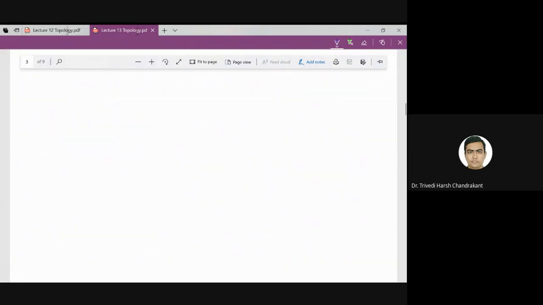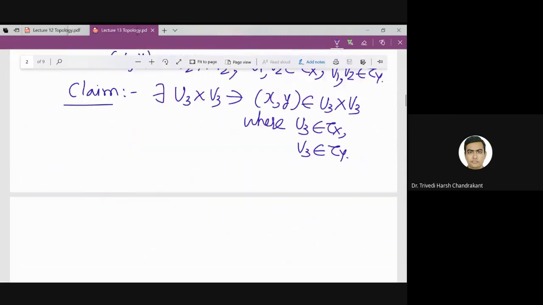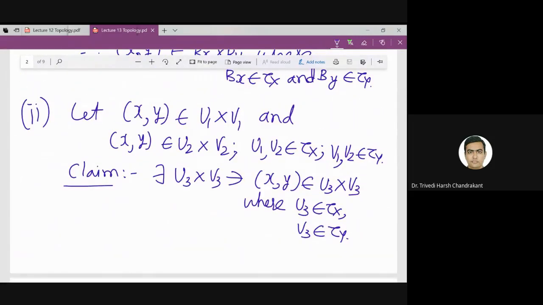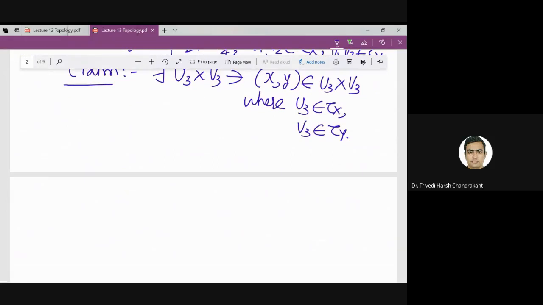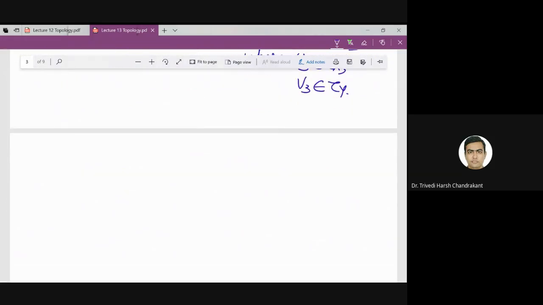So how will we show this? If we try to see this type of sets, if I have two kinds of intervals in R2, so this is for example U, this is V. So what will be U cross V?